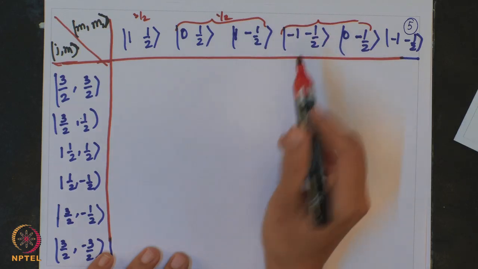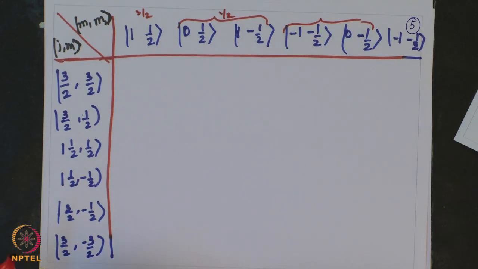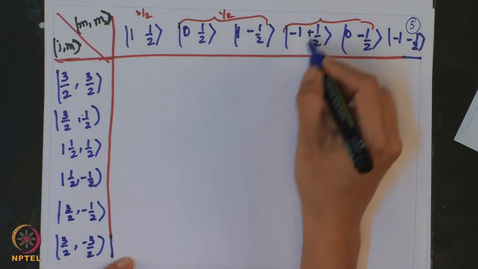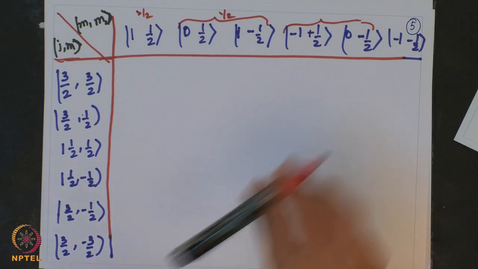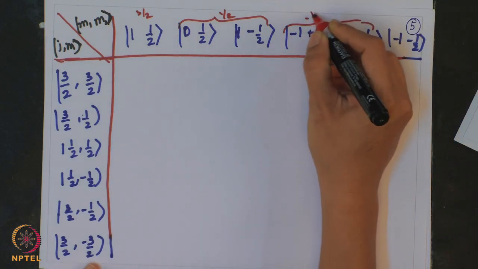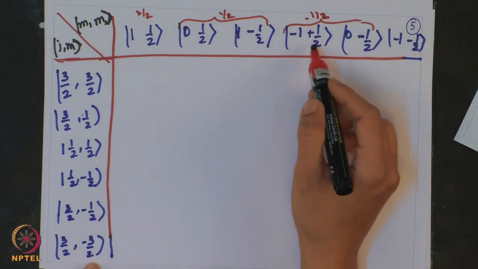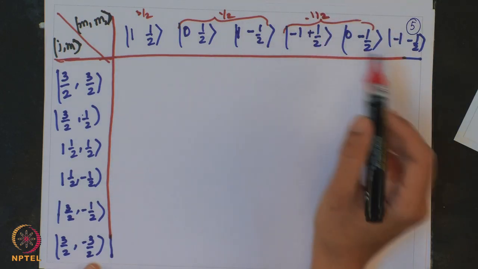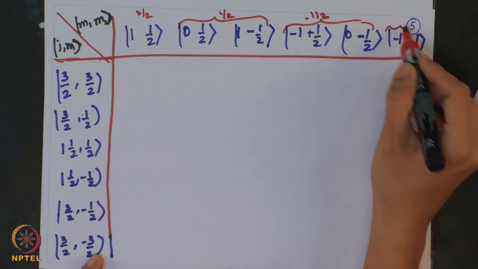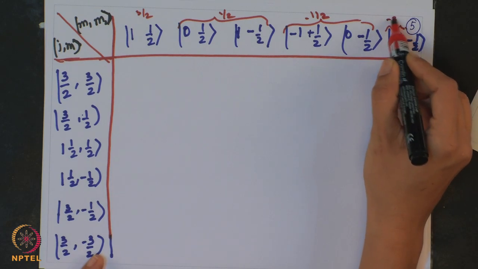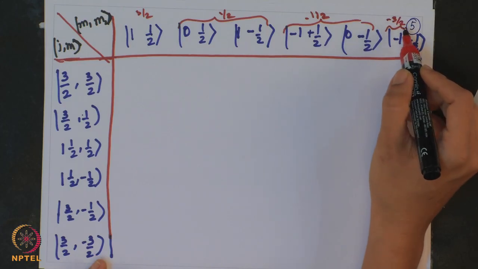I have a plus here because otherwise I will not get a minus 1/2; these are repeated. So this will give me -1/2, because -1 plus 1/2 gives -1/2, this will also be -1/2, and the last one is the lowermost state, which is -3/2.